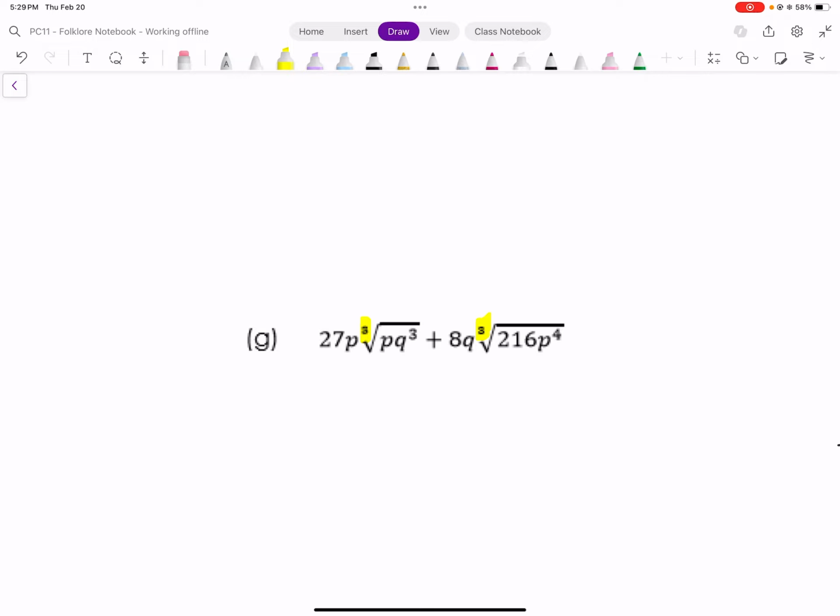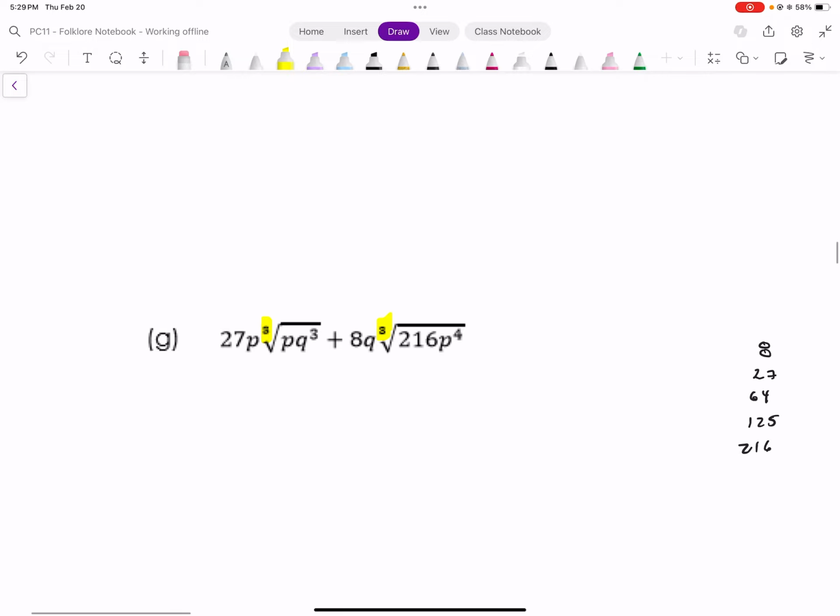So just for fun, I'm just going to recall our perfect cubes. There they are: 8, 27, 64, 125, and 216. Now, 216 is 6 cubed. Now, I'm just going to simplify all of this going forward.